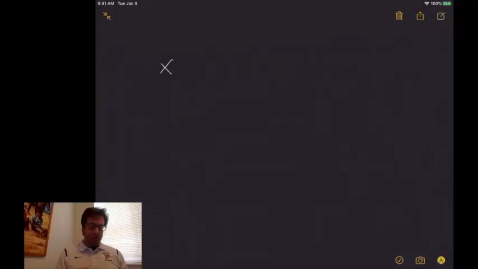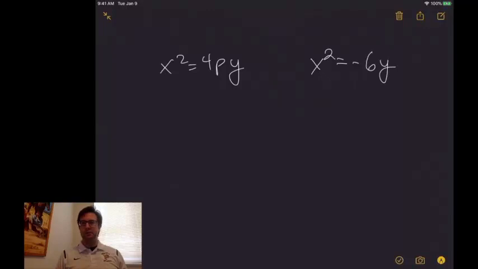Okay. So let's do one more. So once again, we're looking at x squared equals 4py. This time I'm going to say x squared equals, let's say, negative 6y. All right, so once again, in order to find the focus and the directrix, I need to know that value of p.